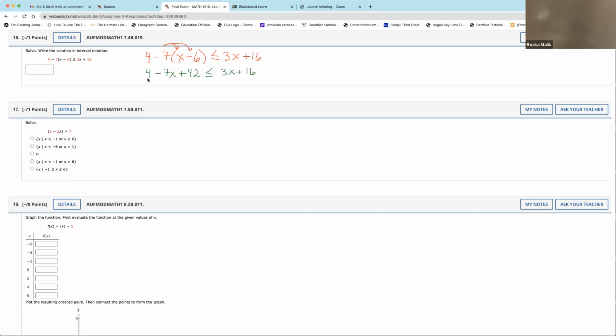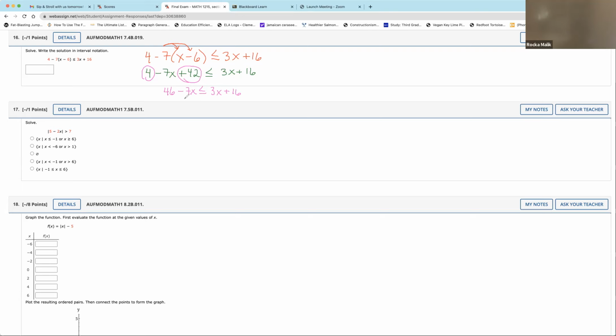And these, I will combine: 4 plus 42 is 46 minus 7x. I just do one thing at a time. Some people do all the things at one time, but my brain can't handle it.